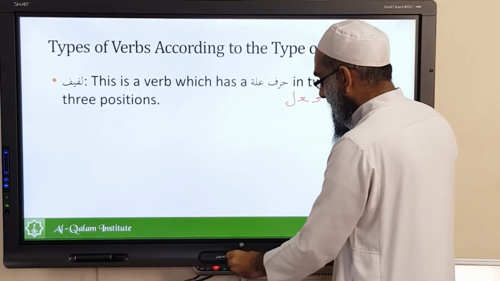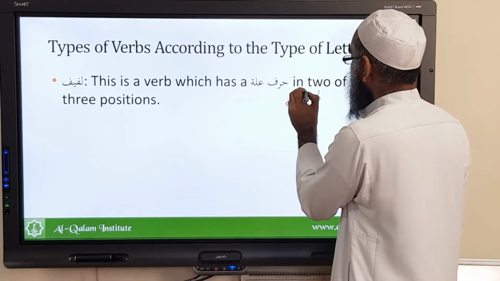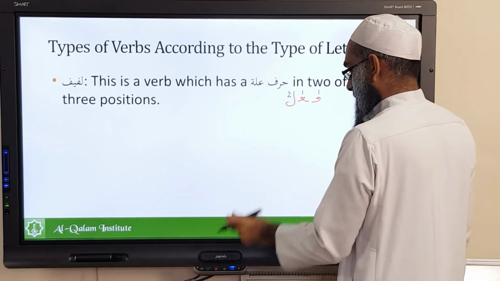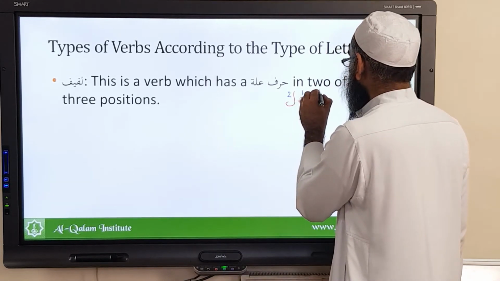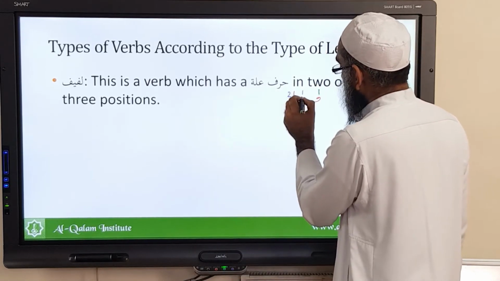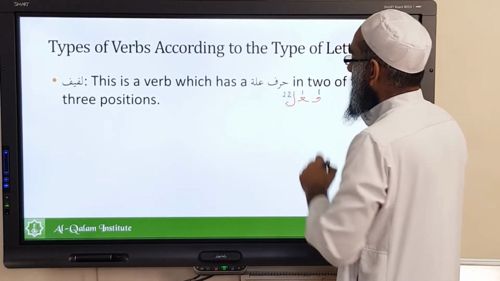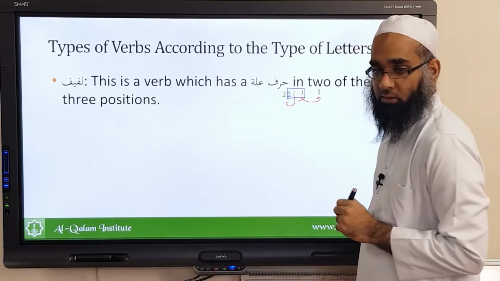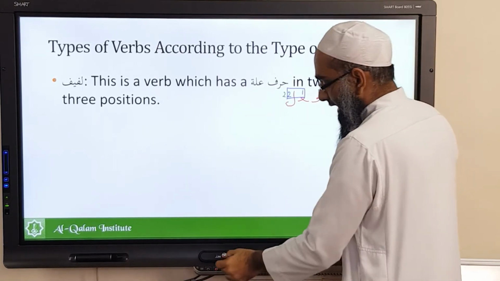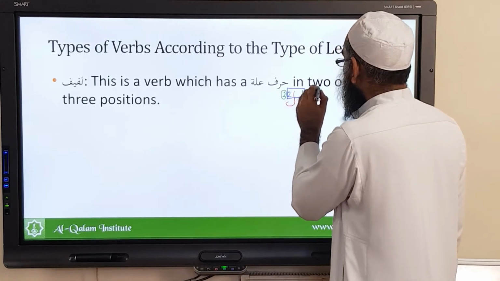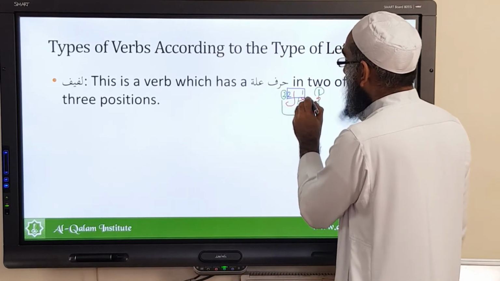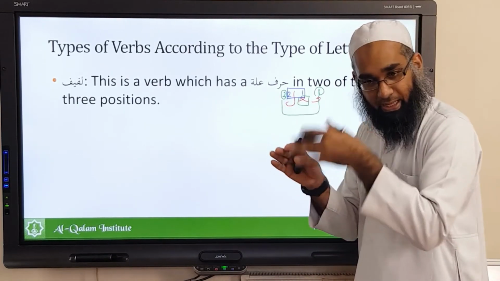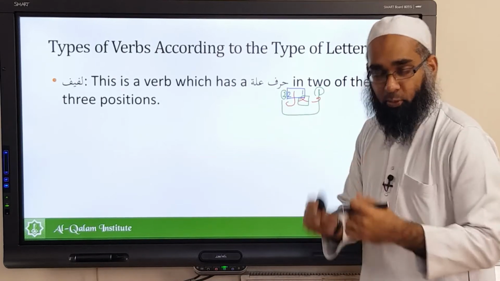The harf illa can come in the ayn and the lam position, together. Or they can come in the fa and the lam, separated by the ayn.